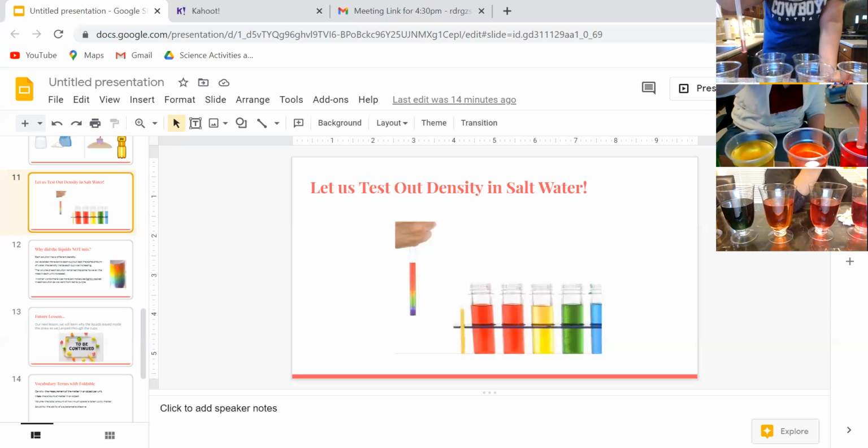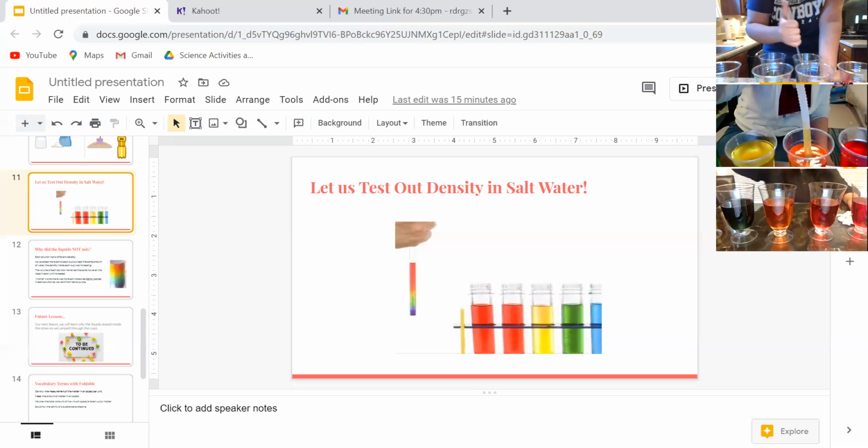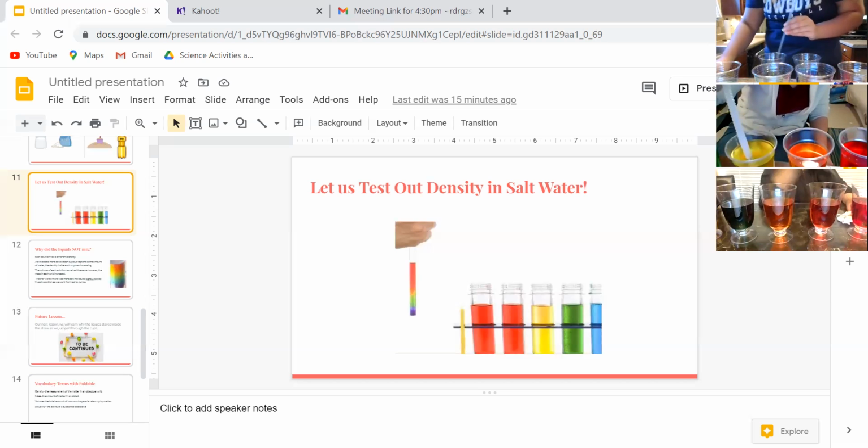So it shouldn't be too clear. Just in case, we can go ahead and test the other ones. So you should be able to see that food coloring as we keep going along. Like mine, I think I need to add just a little bit more red into the purple.